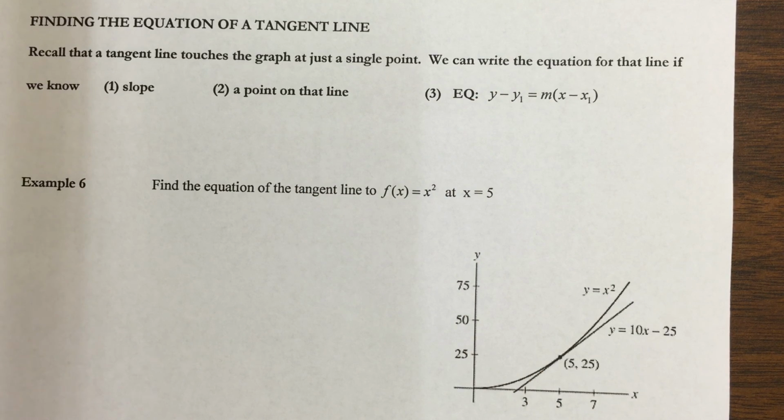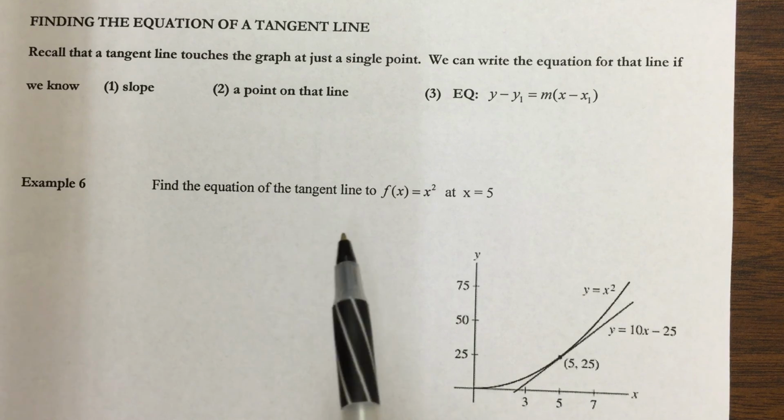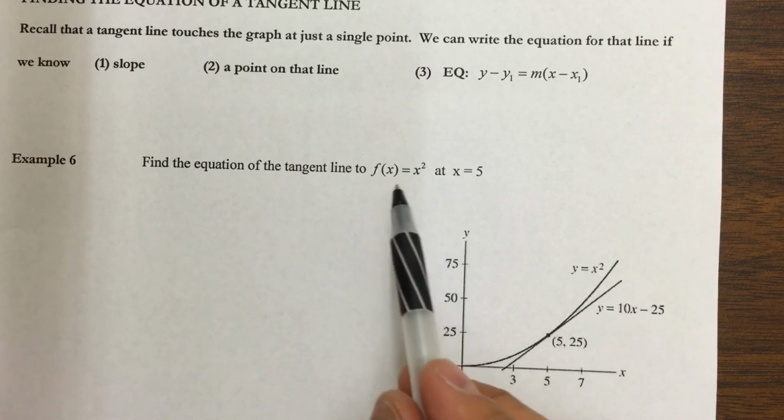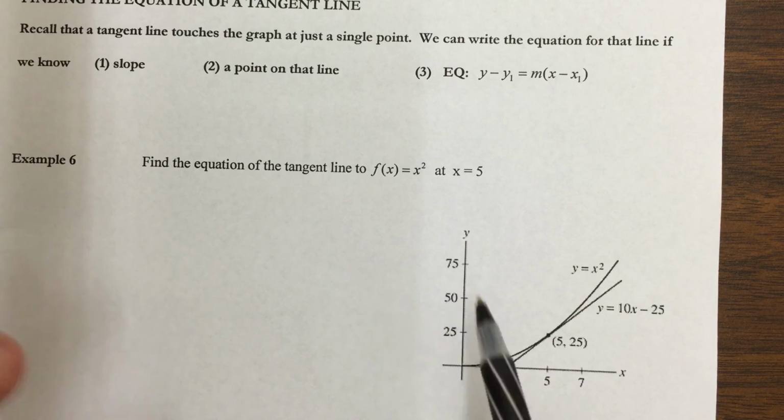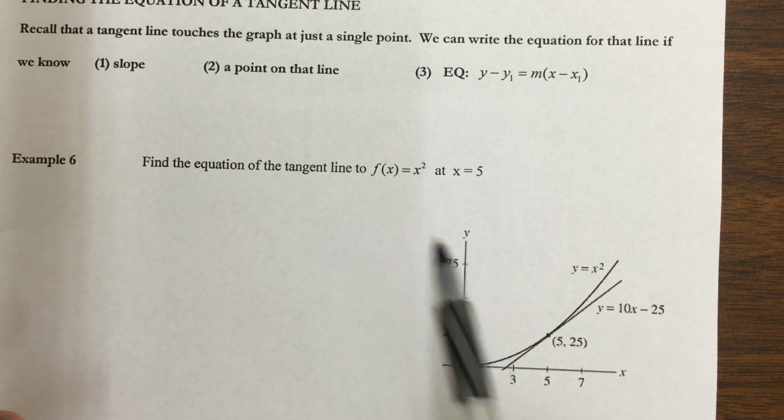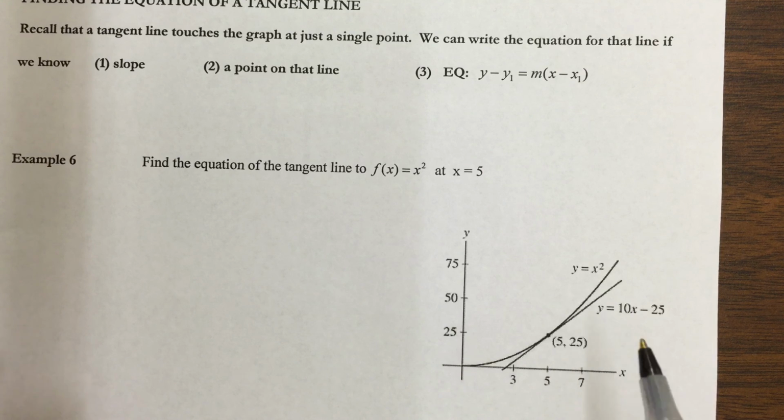Let's do a couple of examples here. Find the equation of the tangent line to this function at x equals 5. So what I did was I removed all the unnecessary graph, and I zoomed in between 1 to 7 so that you can see what the graph looks like.